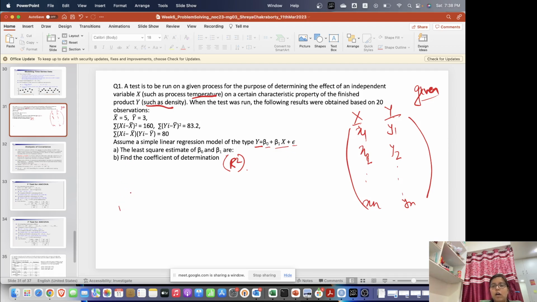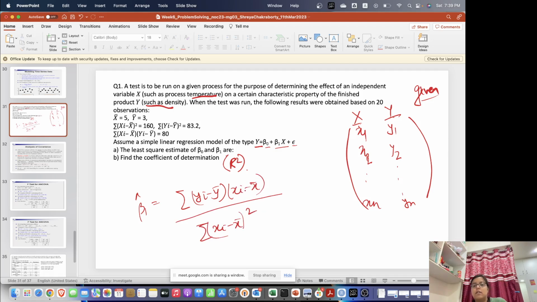So we saw how beta 1 hat is calculated. Beta 1 hat is summation yi minus y bar times xi minus x bar, divided by summation xi minus x bar whole square.